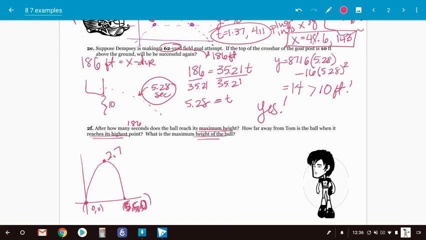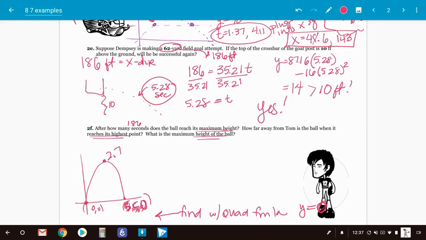So after how many seconds does the ball reach its maximum height? You could find these two spots with the quadratic formula too. You would just set your y equation equal to 0 and solve using the quadratic formula. Some of you have that programmed into your calculator. So that's how you find zeros, and then just divide that in half.